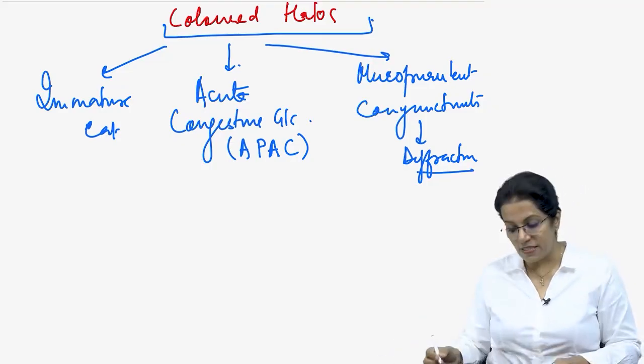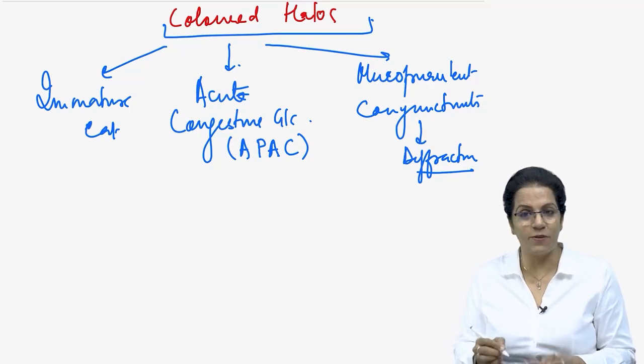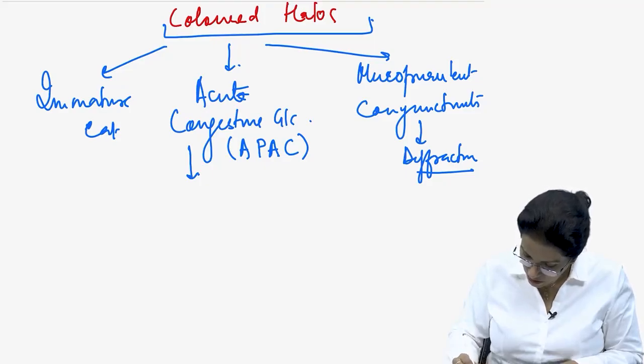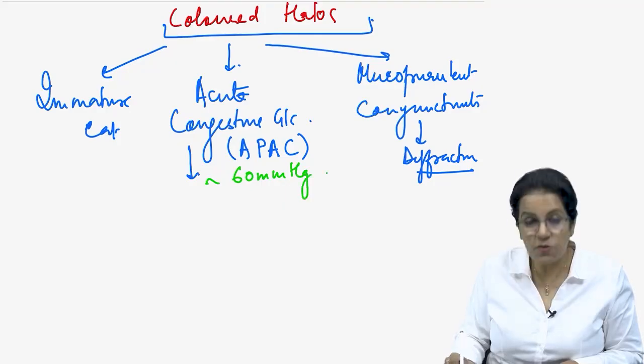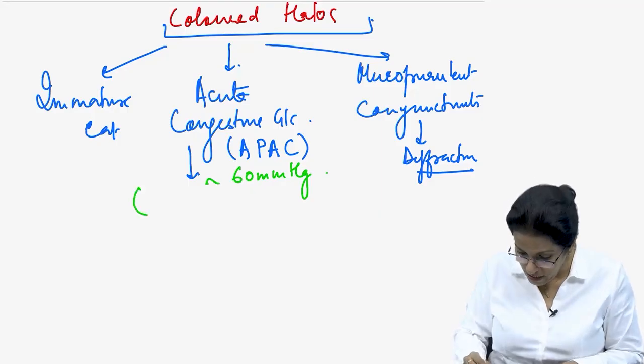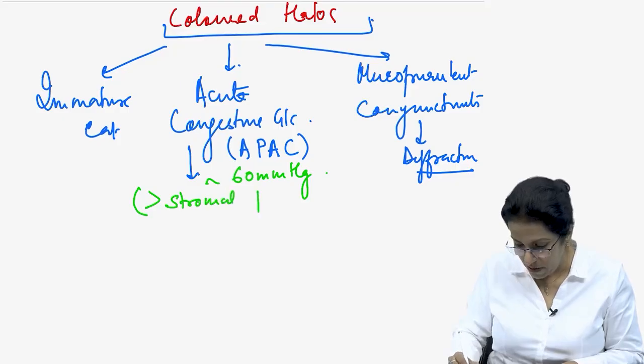And why is acute congestive glaucoma very important to mention? There's a reason. It is only in this stage that the pressure goes to around 60 millimeters of mercury. This is a very high pressure. When the intraocular pressure exceeds the stromal pressure of the cornea, what is the stromal pressure of the cornea?